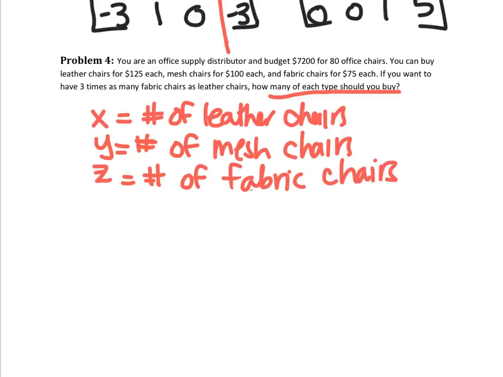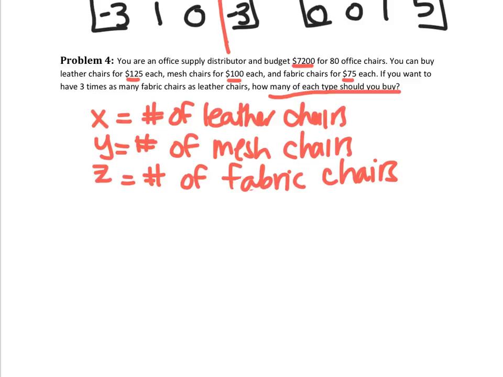Because I have 3 unknowns, I need 3 equations. So I'm going to go back and look at what information they give us. The first thing they say is you budget $7,200 for 80 office chairs. So I can only spend $7,200, and it tells me how much each chair is. One of my equations has to do with cost, or how much I can spend.